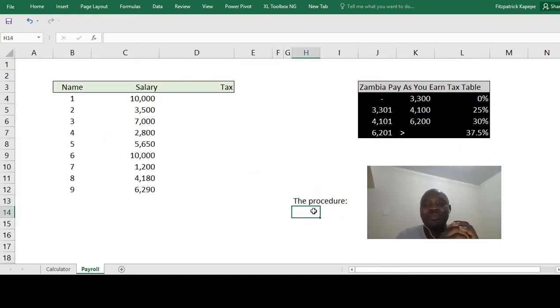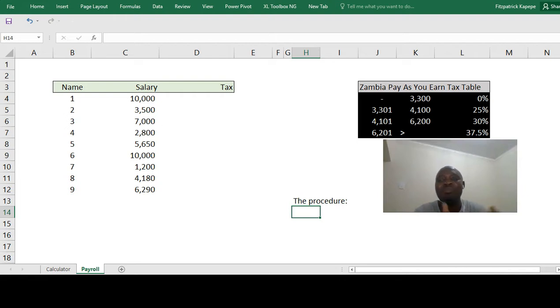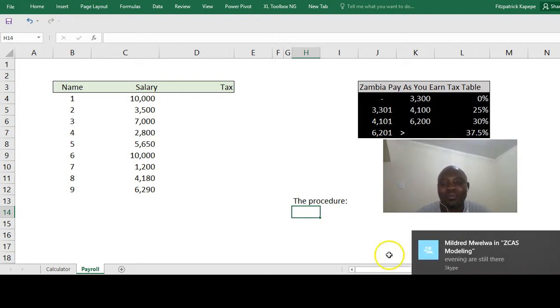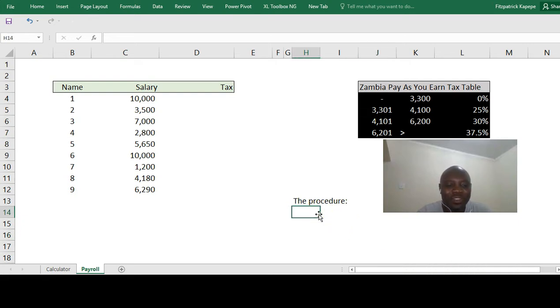First, before you do anything, as a matter of principle in Excel, in modeling, you first need to write your procedure. How do you want to do it? We'll start with the fourth band. That will be the first thing that we are going to do. Then we'll go to the third band. Then we'll go to the second band.